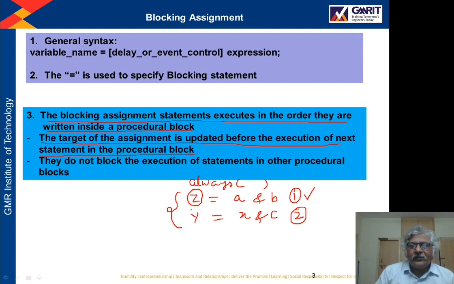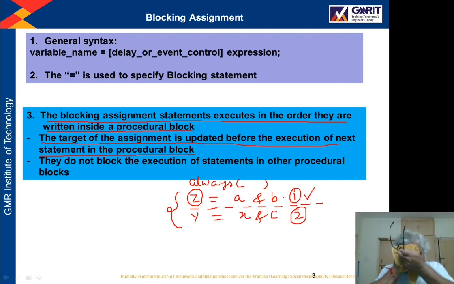So statement number 1 is blocking statement number 2. Unless statement number 1 is executed and the target signal is updated, statement number 2 will not execute. This is the meaning of a blocking statement, right?